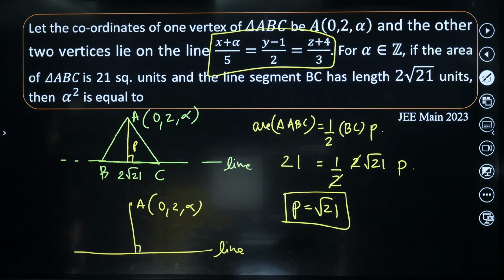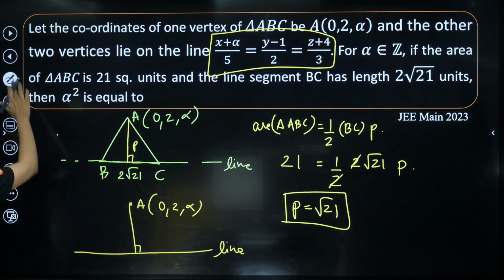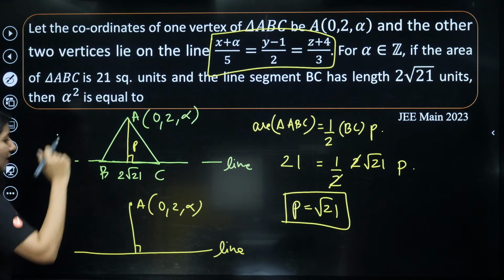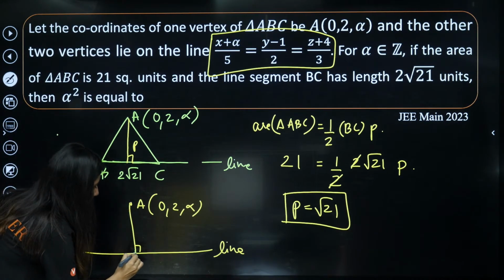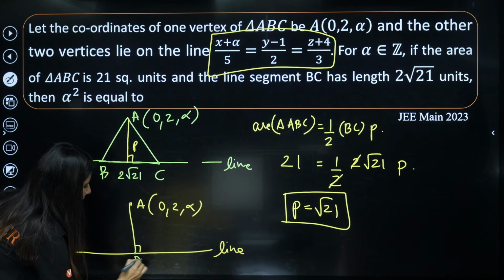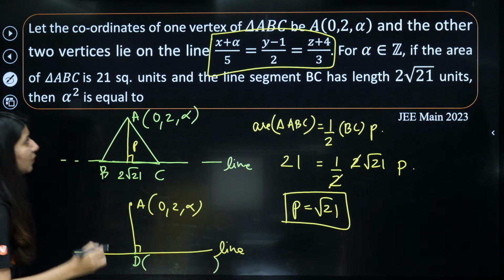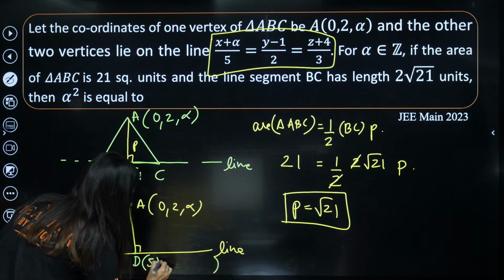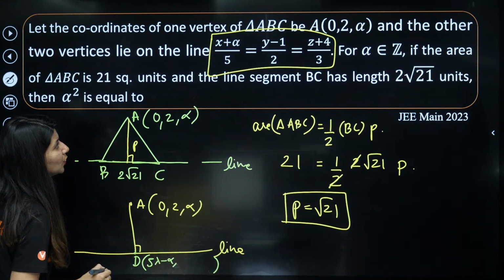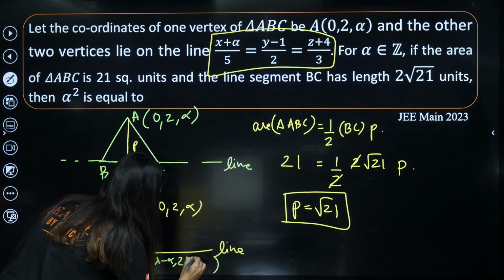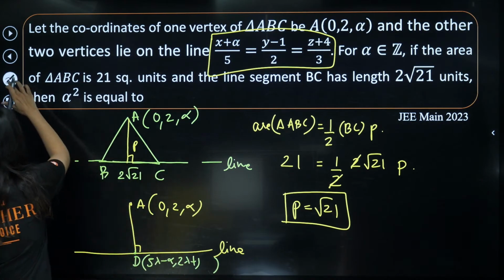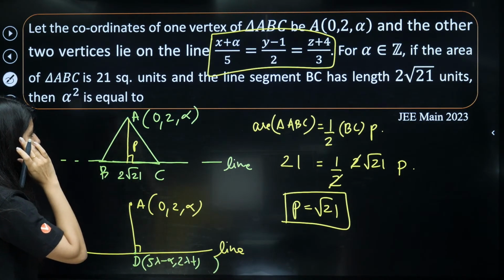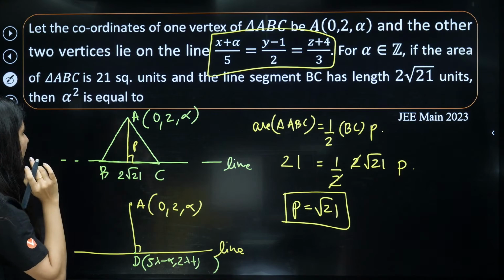Okay, all right. So this is A. Let us assume this point as D. So the coordinates of D would be what? Tell me. Let me just write it down on the next piece of paper.